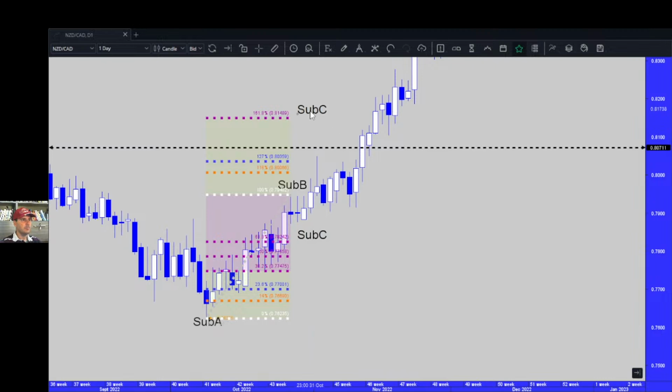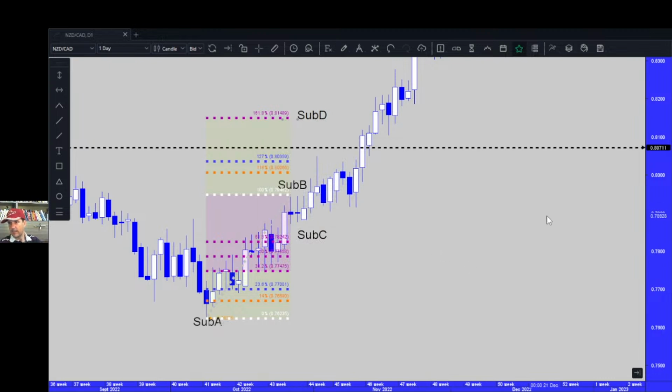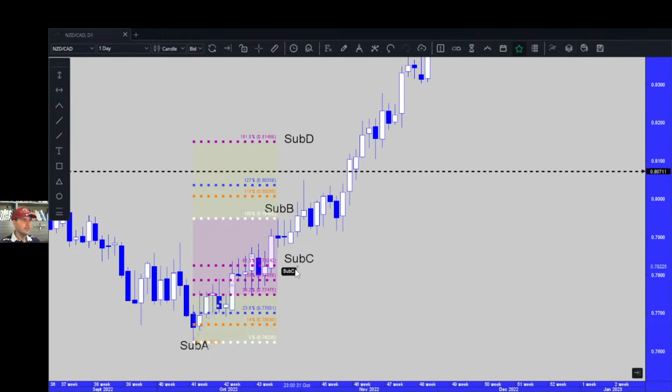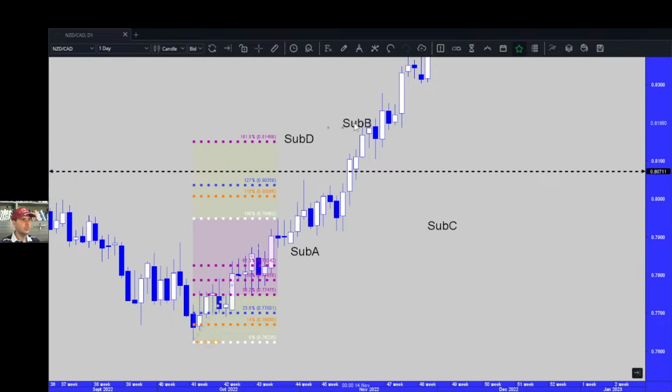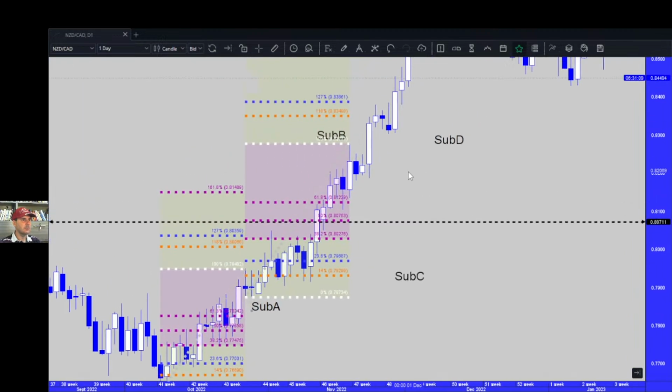Clone up in here is going to be our sub D. Flora says third, yes. And as always, everybody, sub A goes to sub C and sub B goes to sub D. We need to find a high up in here, and we have a new contrarian Fibonacci. This is our sub A, this is our sub B.